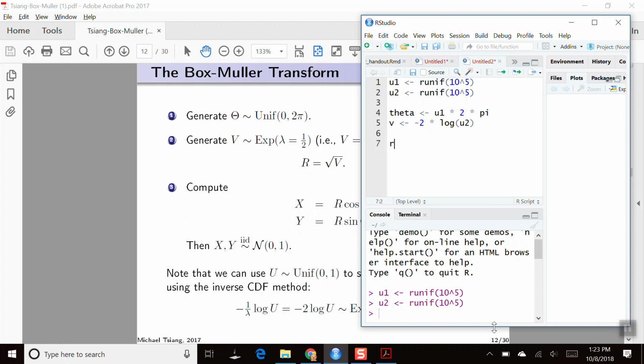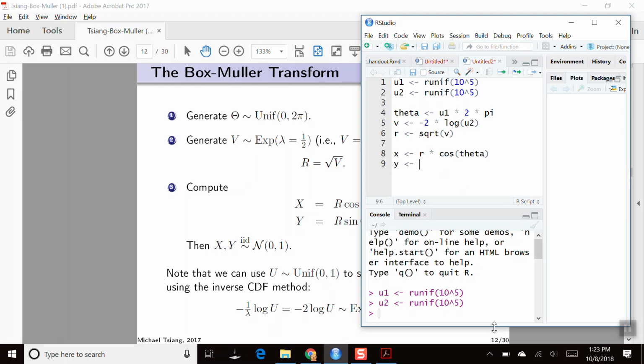Then we're going to get r by taking the square root of v. And then we'll compute x by doing r times cosine of theta, and then y will be r times sine of theta.